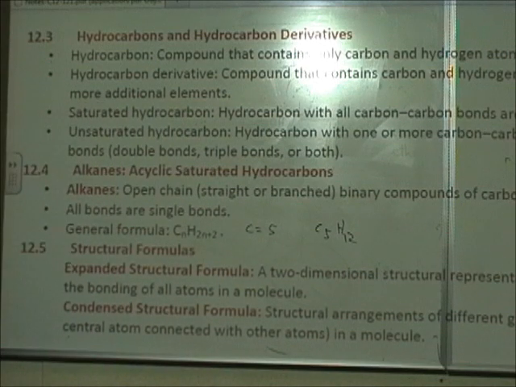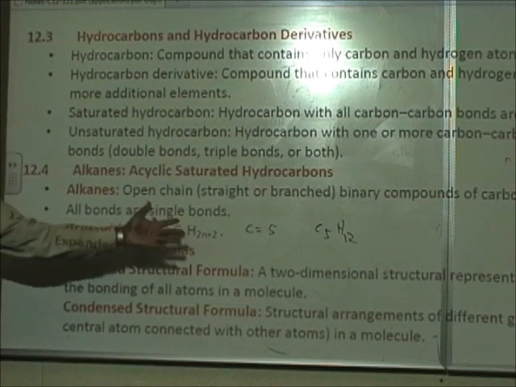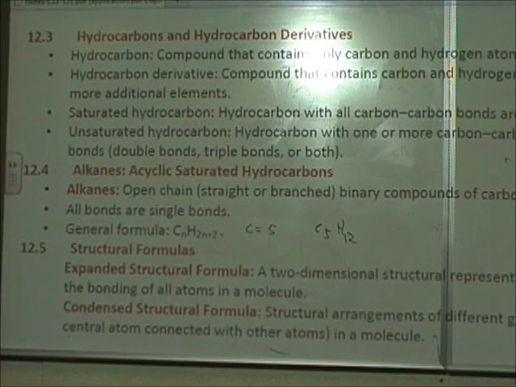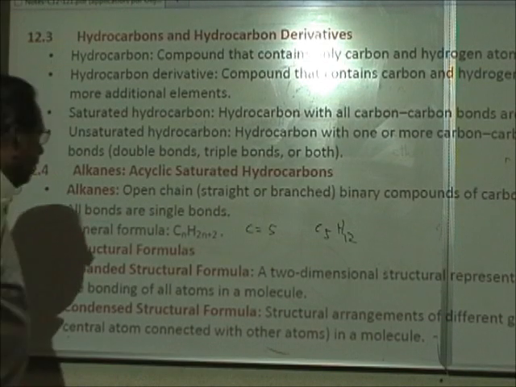All right. So any saturated hydrocarbon has this formula. What would be the octane chemical formula? Octane is 8. C8, 16 plus 2 is 18. Okay, you got it. So that's one idea.